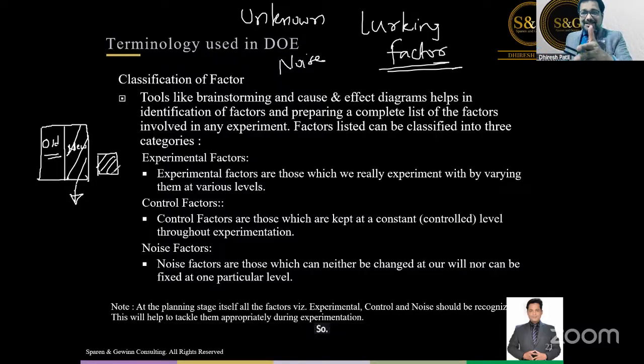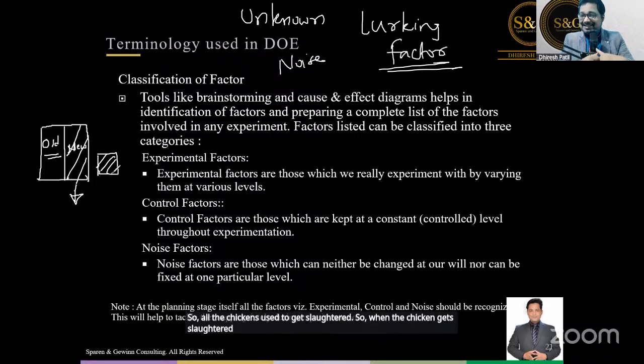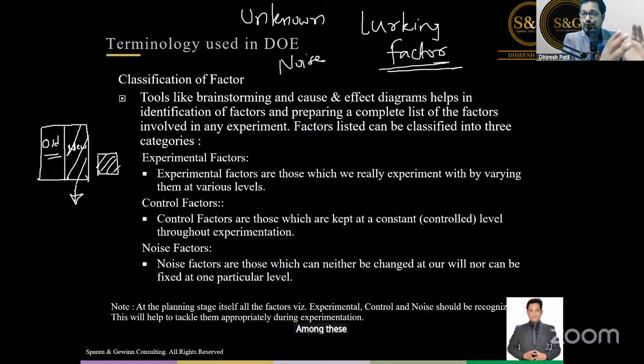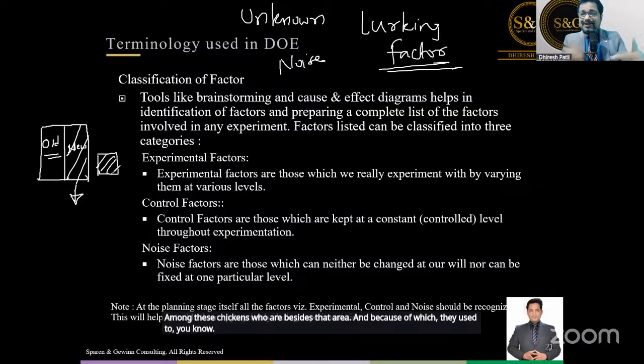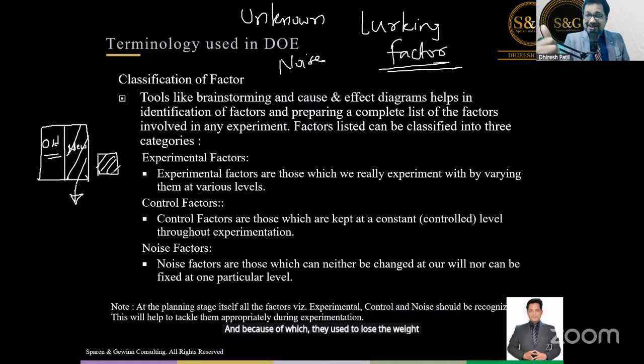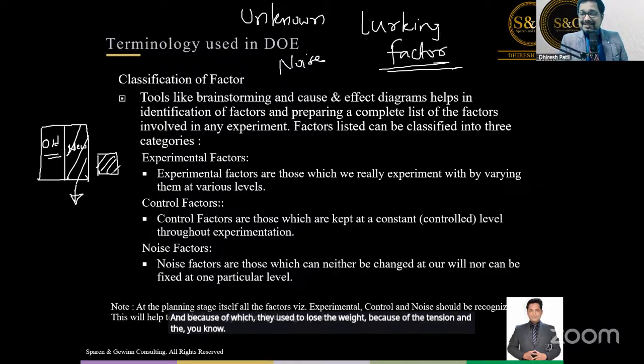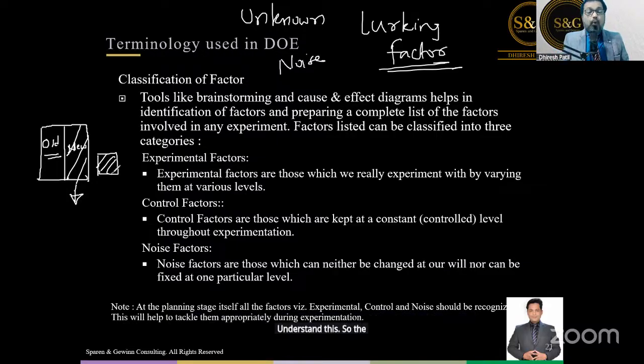When a chicken gets slaughtered, the sound and the movement used to create panic among the chickens beside that area, because of which they used to run around and lose weight because of the tension. So the slaughterhouse was a lurking factor.